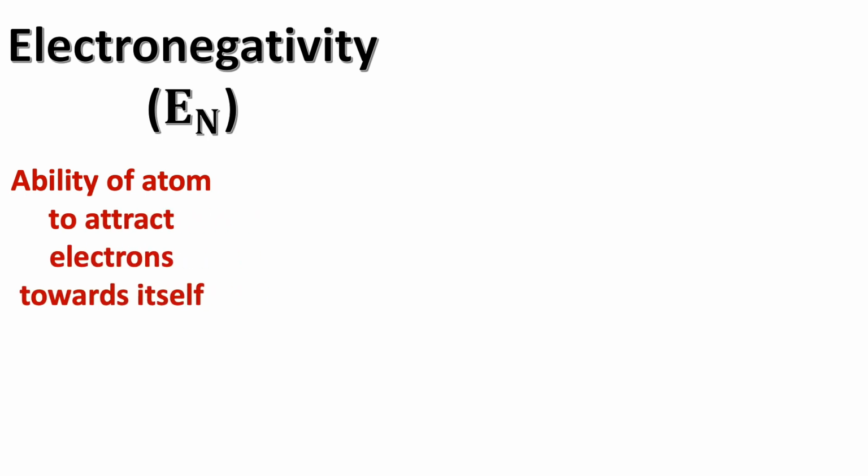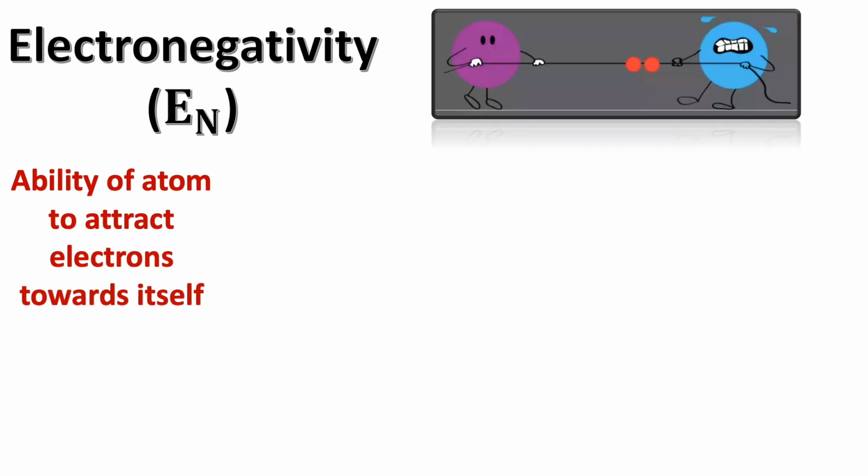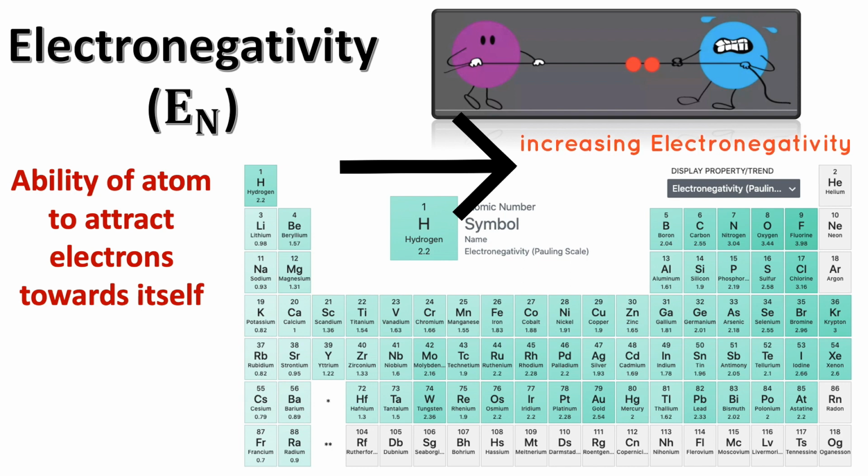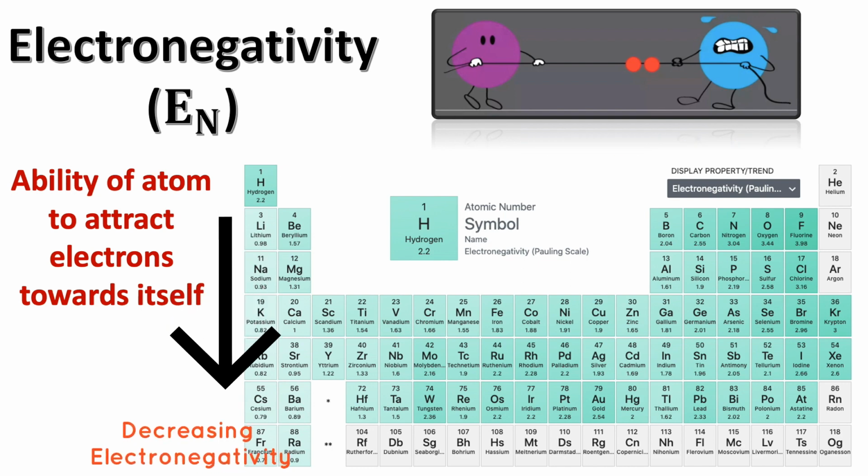As we have learned before in the periodic table chapter, the electronegativity of an atom, or usually called EN, is the ability of an atom to attract electrons towards itself. From the periodic table, we know that the trend for the electronegativity of an atom is increasing across the period and decreasing down the group.